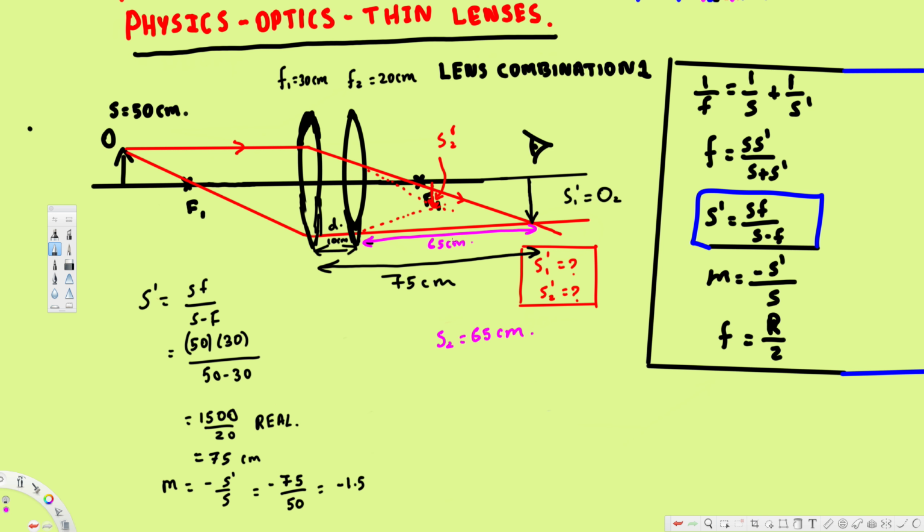Since this is behind the lens, we are going to have negative right here. So S2 is going to be negative 65 centimeter.